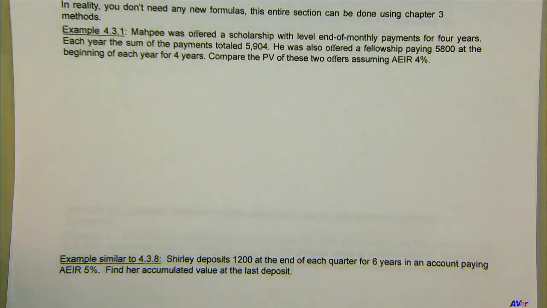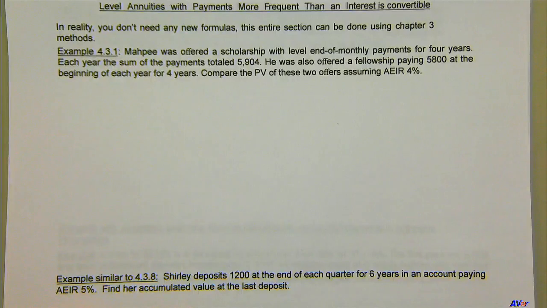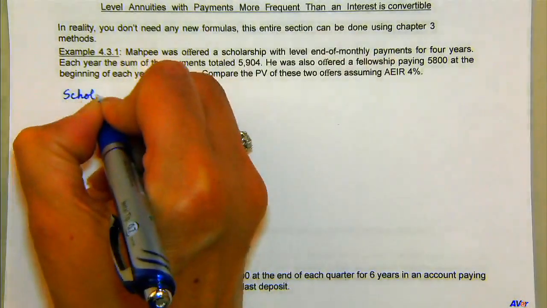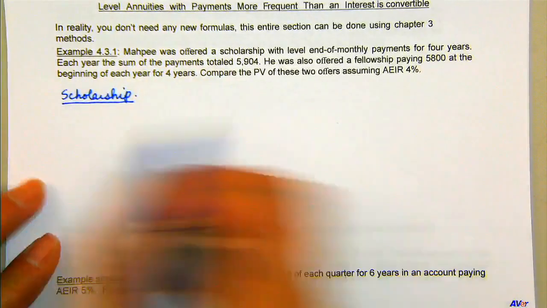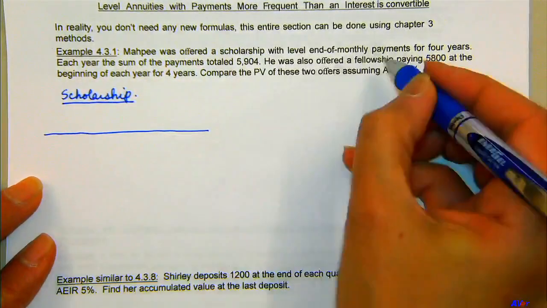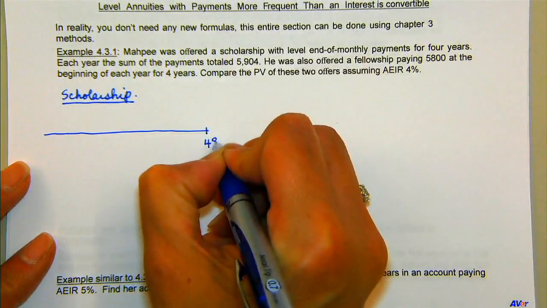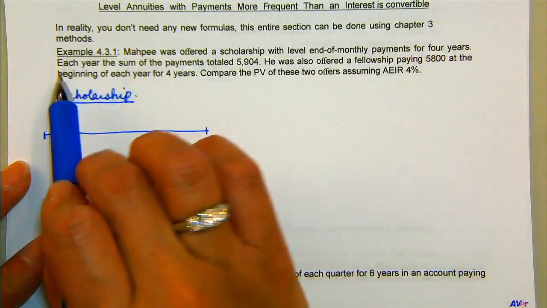Okay, so page 6. Mapi was offered a scholarship with level end of monthly payments for 4 years. So 48 payments. Monthly payments, I don't know how much they are yet.